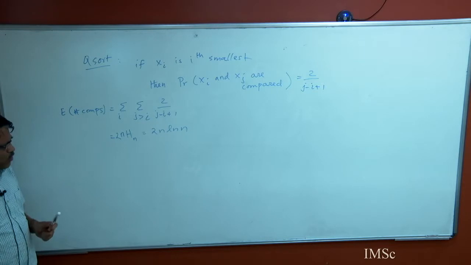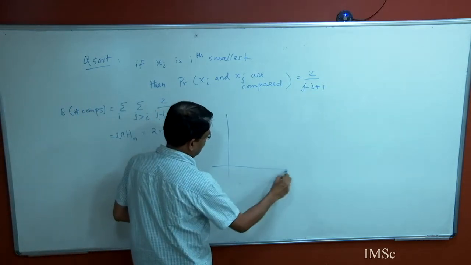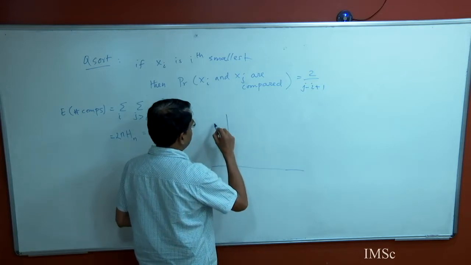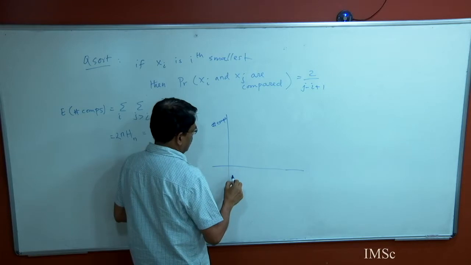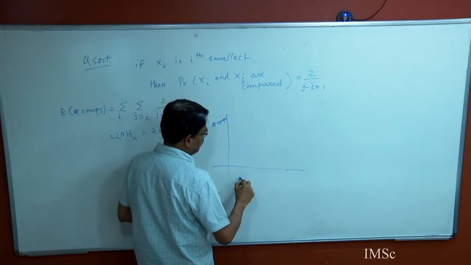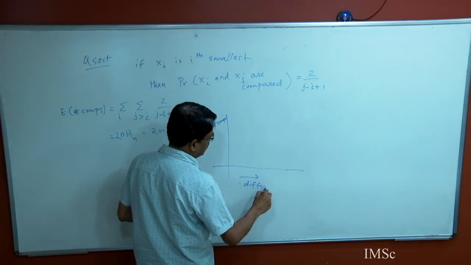If you think about it, what we are trying to do is that you have some distribution. Let's say this is the number of comparisons, and these are different sample points, different choices for pivot.